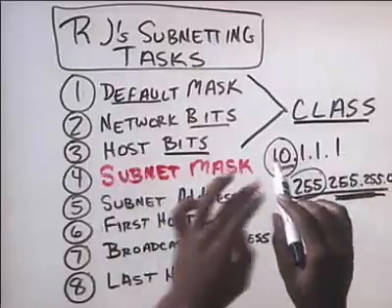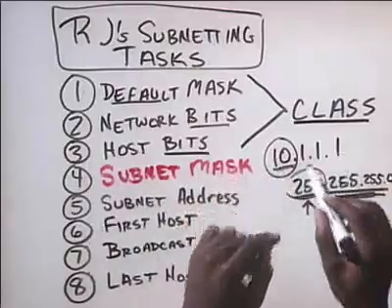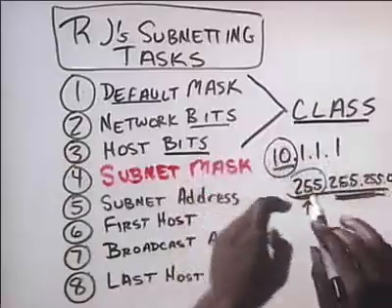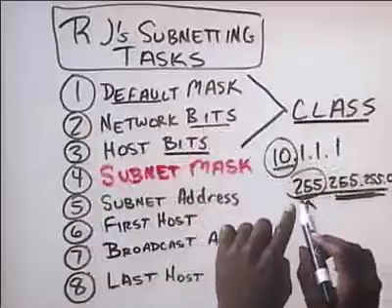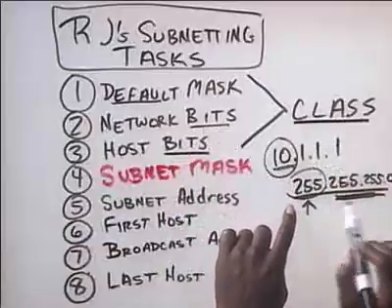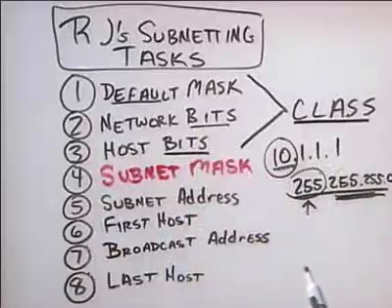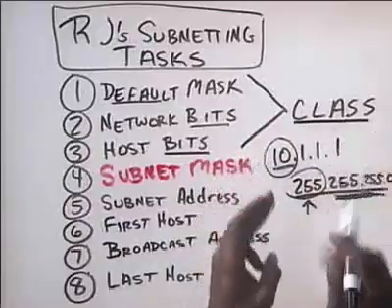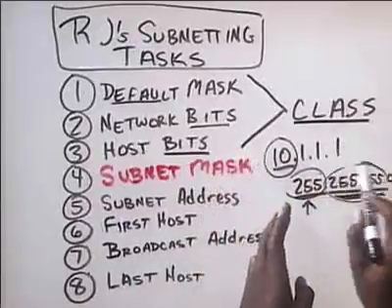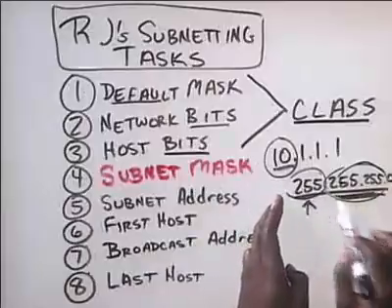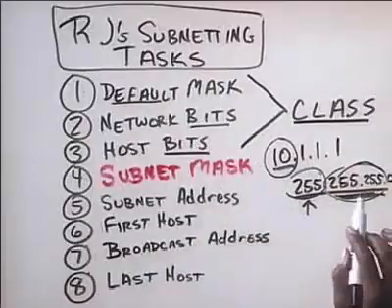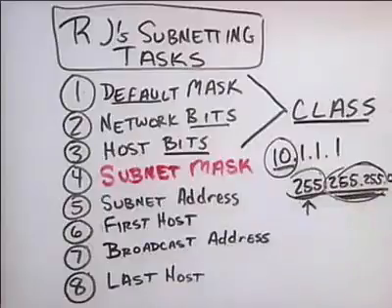So this is not a Class C address because of this mask, nor is it a Class A address with a Class C mask. This is simply a Class A address with a 24-bit mask. You could also view it as a Class A address with 16 bits of subnetting being done because there's 8 by default and then there are an additional 16 here that are used in this particular mask.